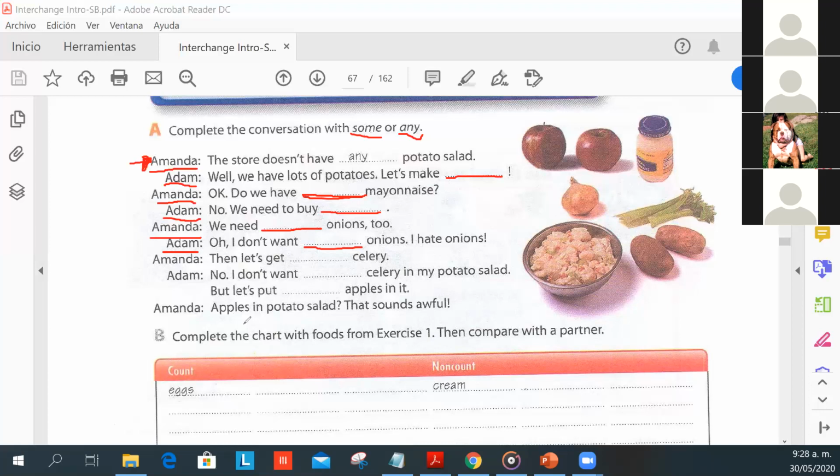Juan David, please complete this line here, where it says, oh, I don't want. Where did you go?